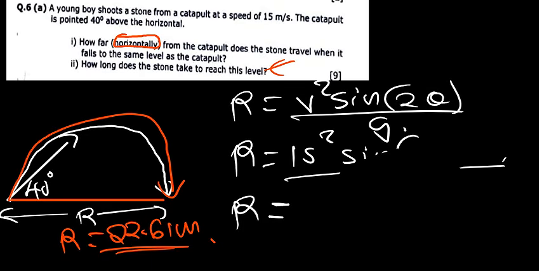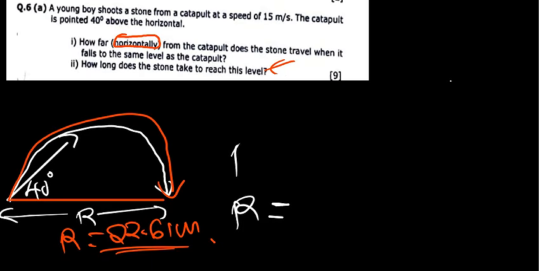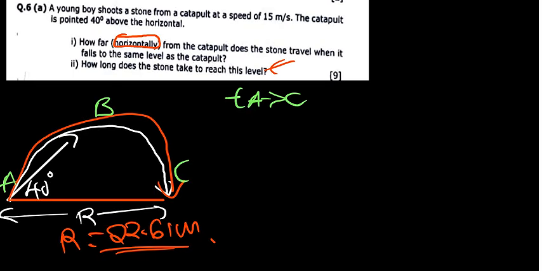I said this was A, this is B, this is C. Now they want the time from A all the way to C. What was that formula? 2 v sine theta divided by g.